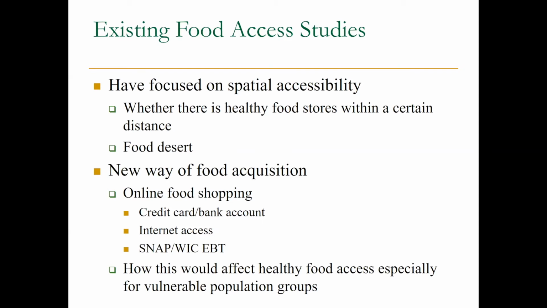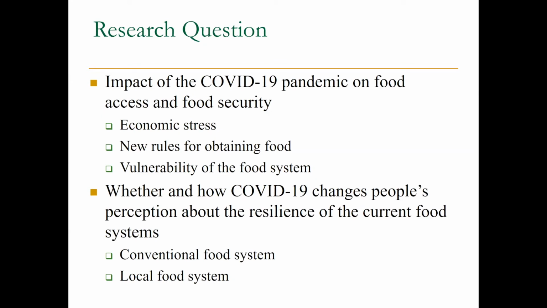vulnerable population groups. So my research questions will be focusing on the impact of the COVID-19 pandemic on food access and food security. I will look at how three important factors interplay in this research question. One is related to economic stress, the second is new rules for obtaining food, and then vulnerability of the food system.